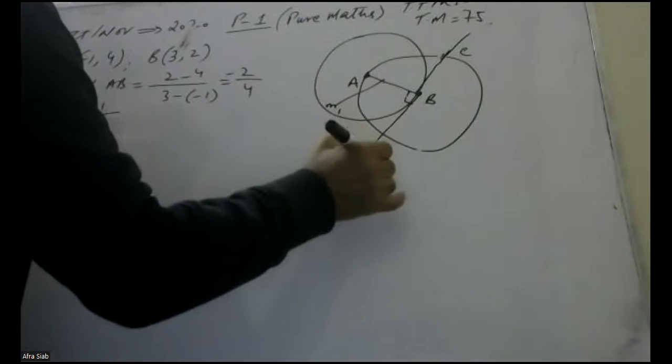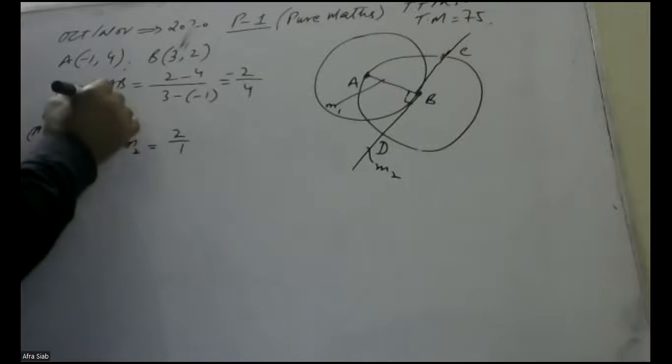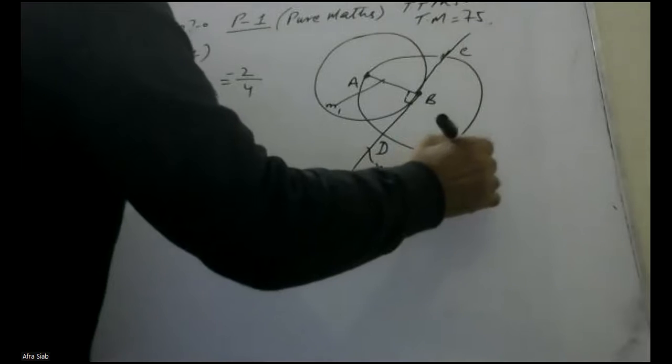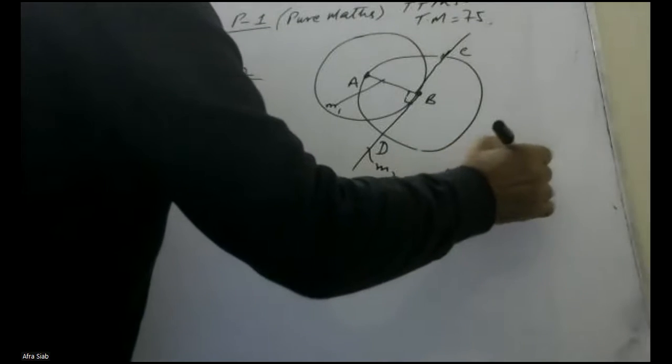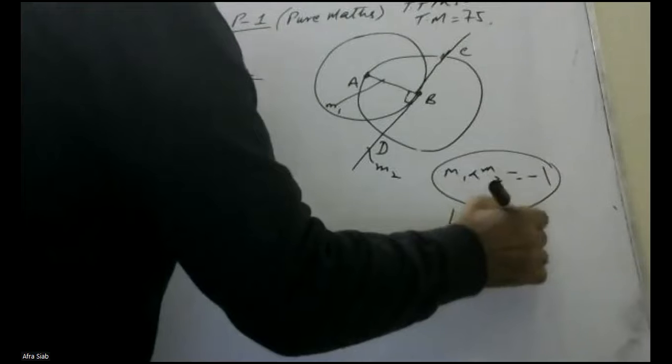If the slope of this one is m1, then the slope of this one is m2, which is the reciprocal with the opposite sign, because m1 times m2 is equal to -1 if the lines are perpendicular to each other. So here AB is perpendicular to CD.